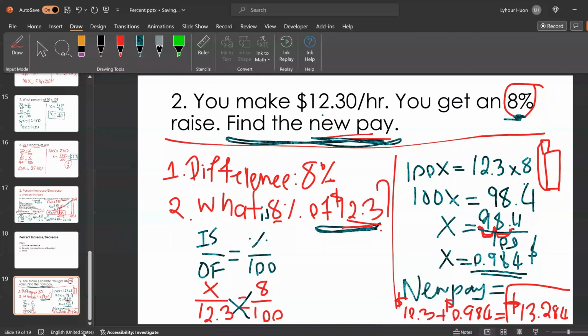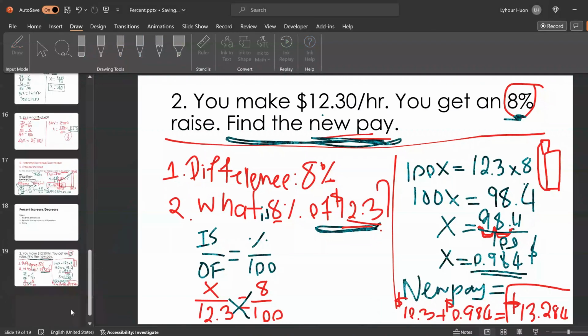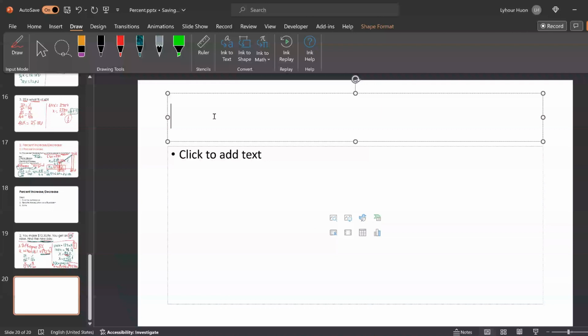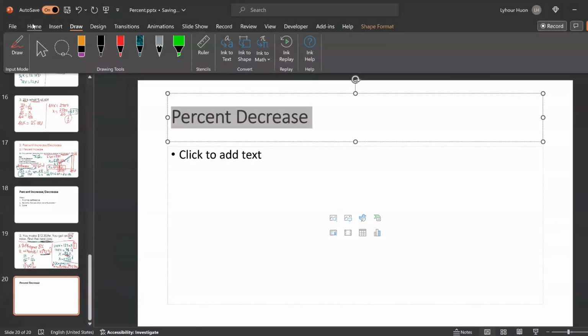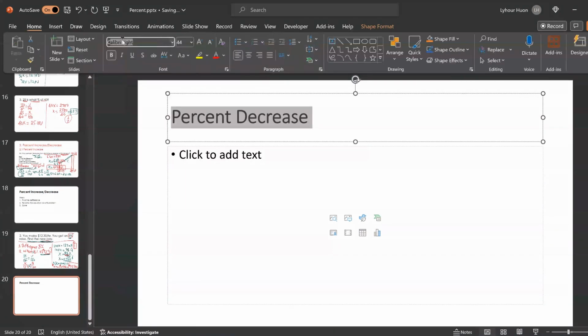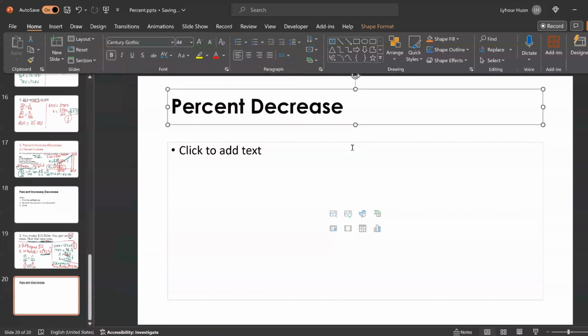Now, percent decrease. When we go now to percent decrease.